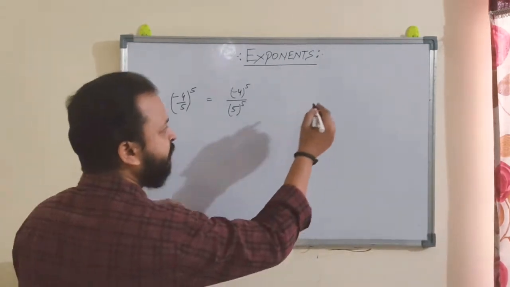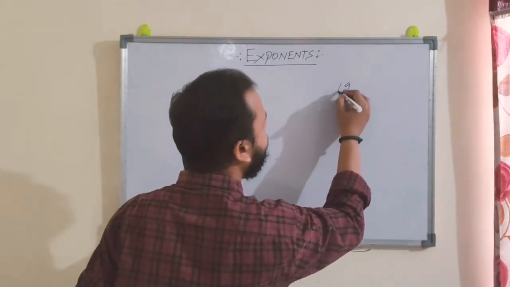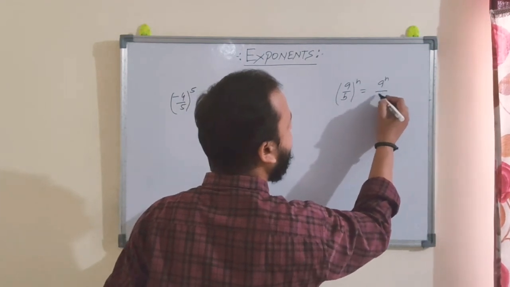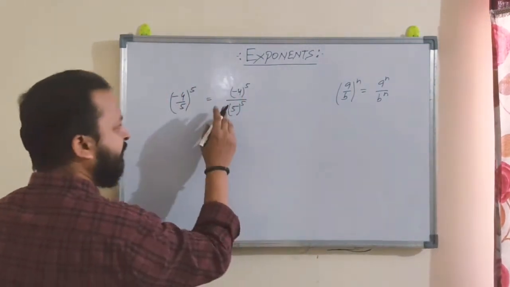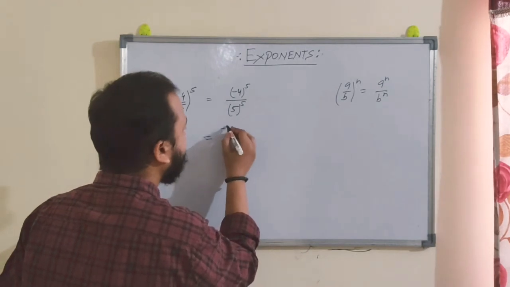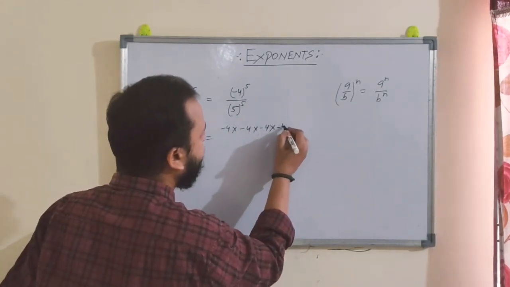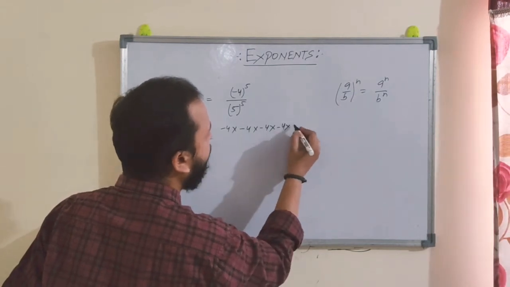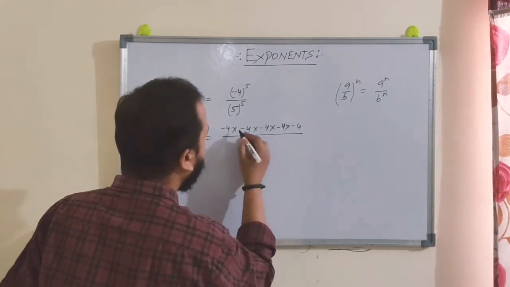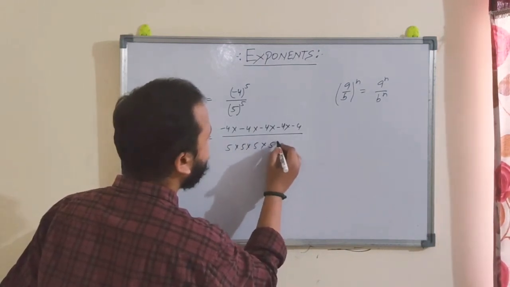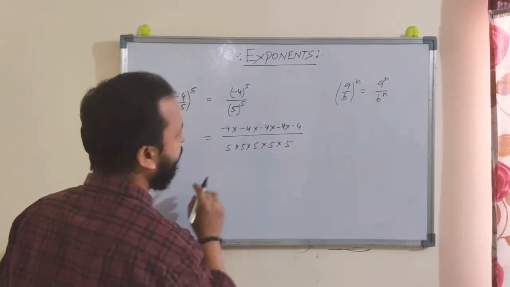We have used this formula that a by b power n can be written as a power n and b power n, right? So you can write it as minus 4 multiplied by minus 4 multiplied by minus 4, 1, 2, 3, 4 and 5 times, and here 5 is also written 5 times, 1, 2, 3, 4, 5, yes.